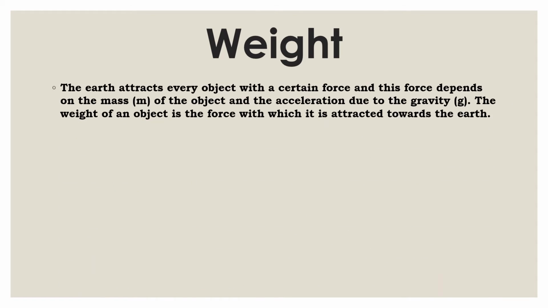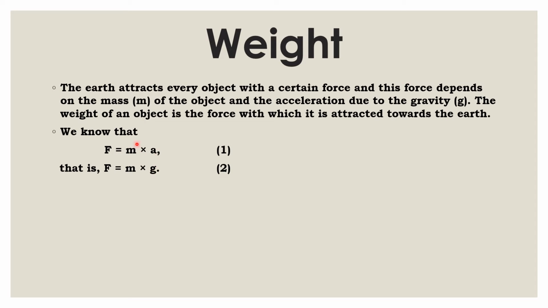Now, what is weight? It is a body's relative mass or the quantity of matter contained by it, giving rise to downward force and the heaviness of a person or a thing. Now let's see how we will calculate the weight of any body. We know that F is equal to ma, where m is the mass of an object, and we will replace a with g, the acceleration due to gravity.